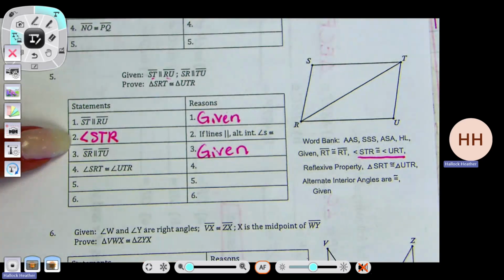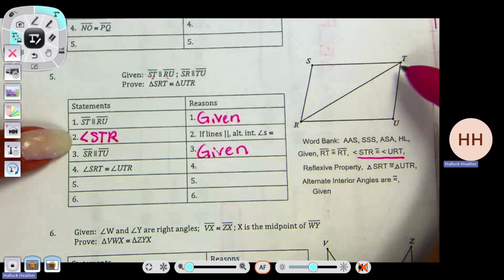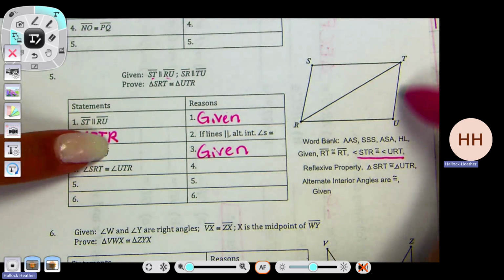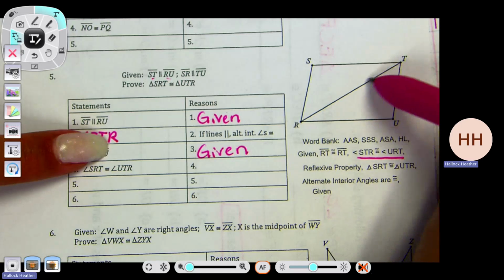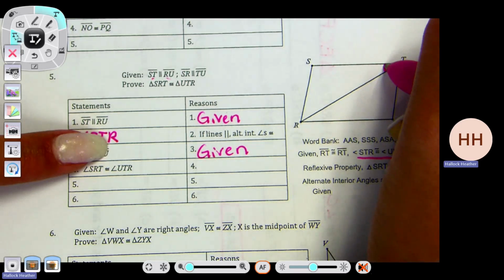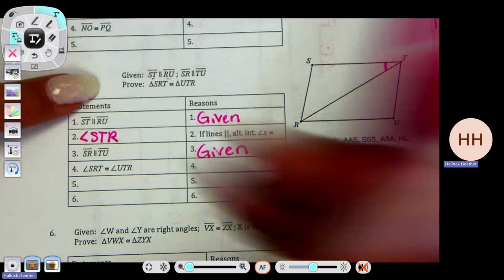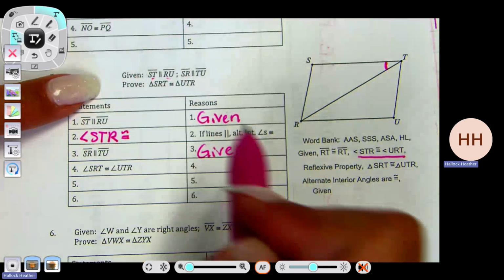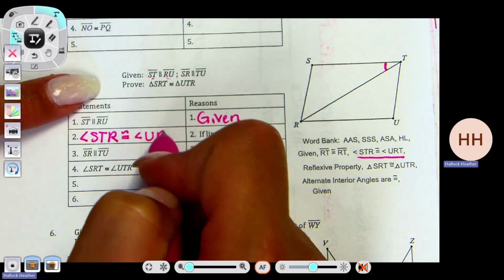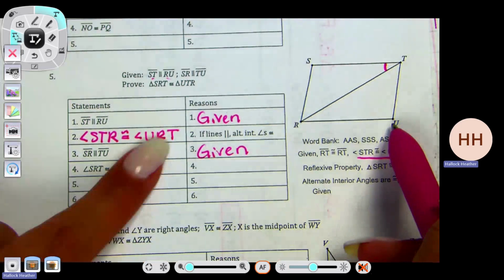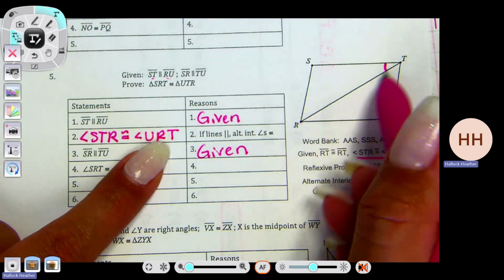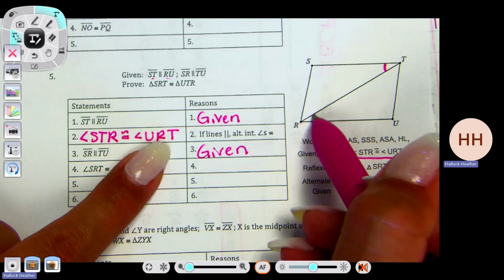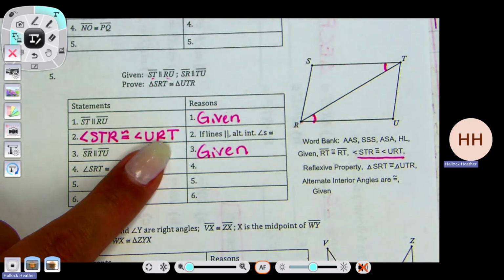If you don't know how to read the three letters, you need to figure that out by the time we take the EOC. If I start at S, I go to T, I'm ending not at U, it's not the whole angle, it's ending at R. So it's just this little piece that's congruent to angle URT. If I start at U, I'm going to R, I'm ending at T. So it's just the middle letter R, but just the bottom half of it. Those are alternate interior angles. They're jumping across the transversal.